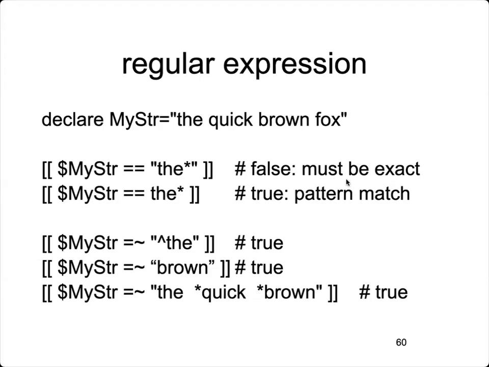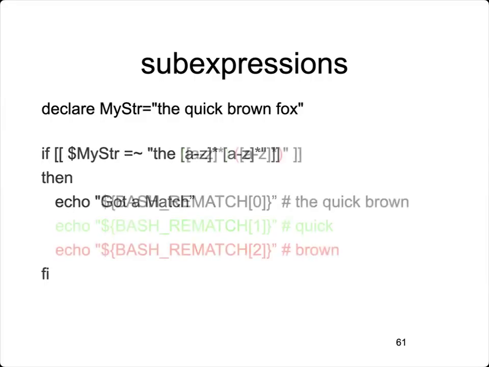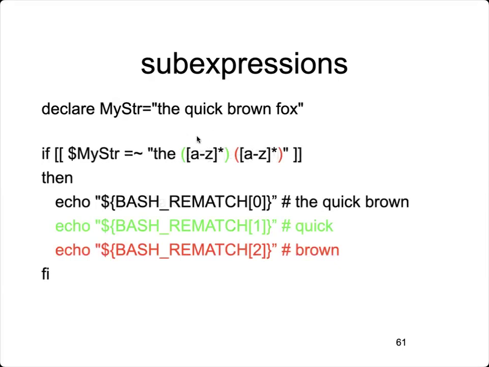So let's get into how that's actually used, and specifically how it's used with sub-expressions. So right here, we would get a match, and all this code would do is echo out got a match, right? Very simple. But let's add in some parentheses in here.